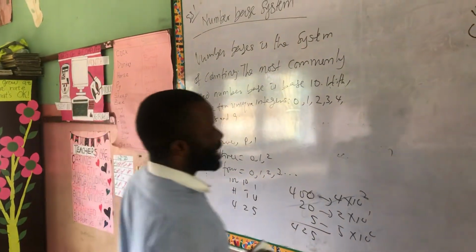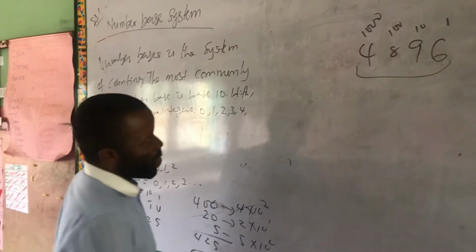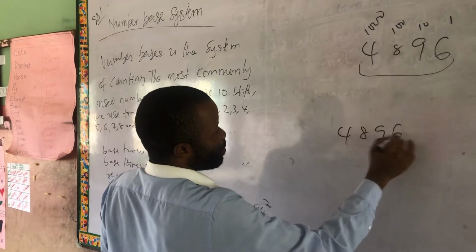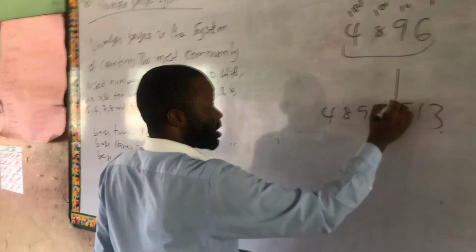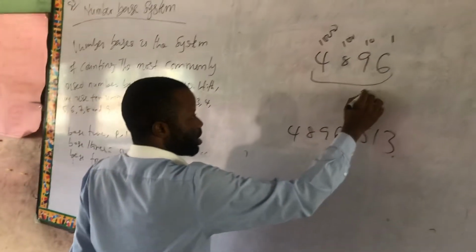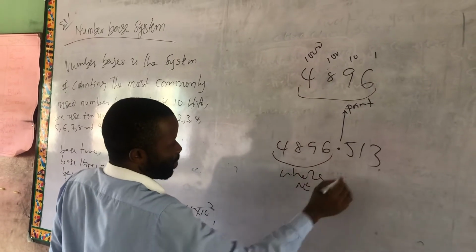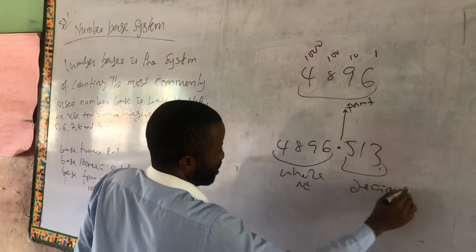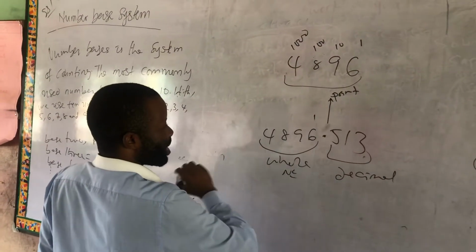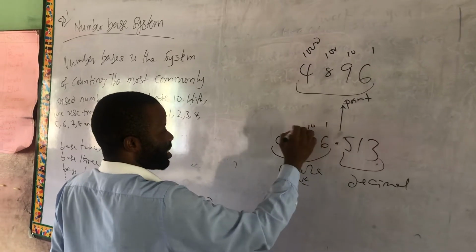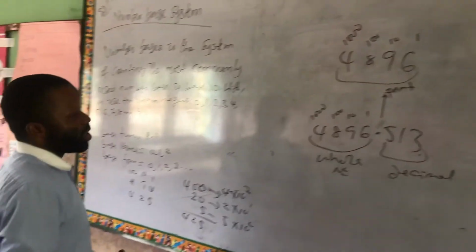Let us quickly look at, we have considered the whole number, let us look at the decimal part. When you have 4896.513, this is what you call the point. The point separates the whole number from the decimal. While this is increasing by a multiple of 10, this one too is the opposite.